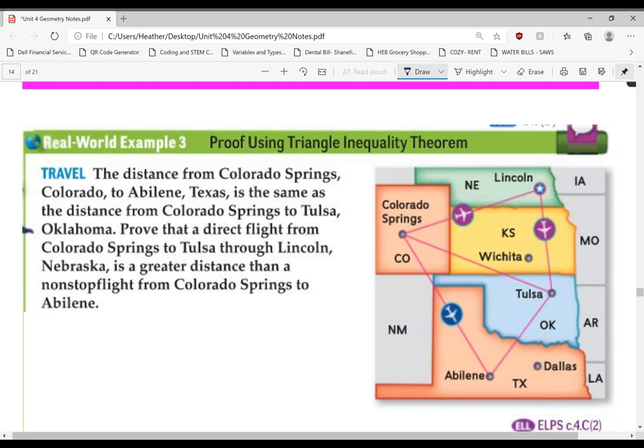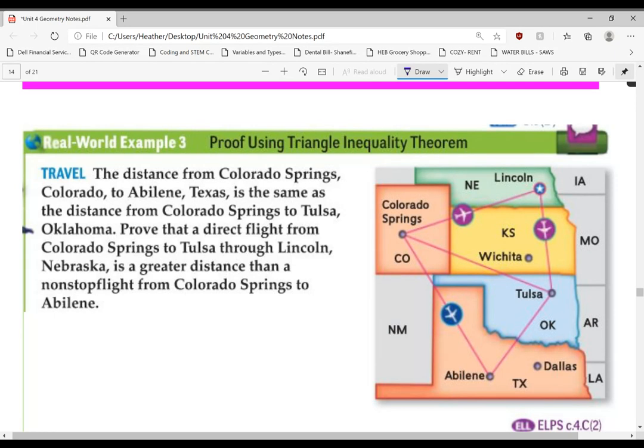Prove that a direct flight from Colorado Springs to Tulsa through Lincoln, Nebraska is a greater distance than a nonstop flight from Colorado Springs to Abilene. If you see on our diagram, we have those airplane pictures, which show us our route. We need to see which one is a greater distance, the blue plane or the purple plane.